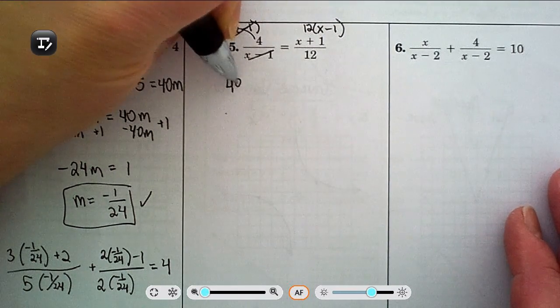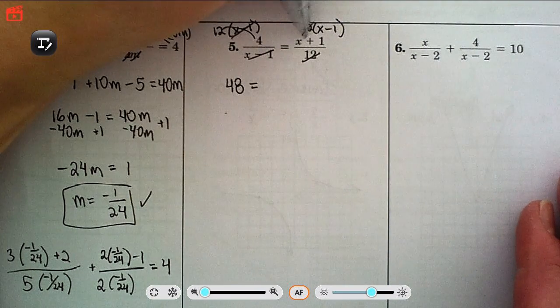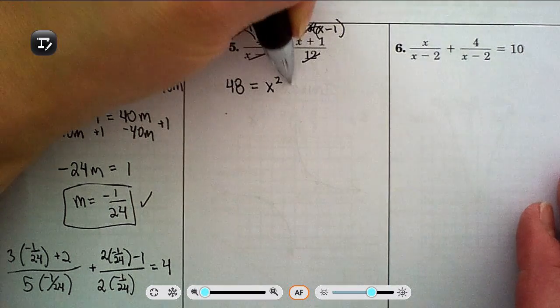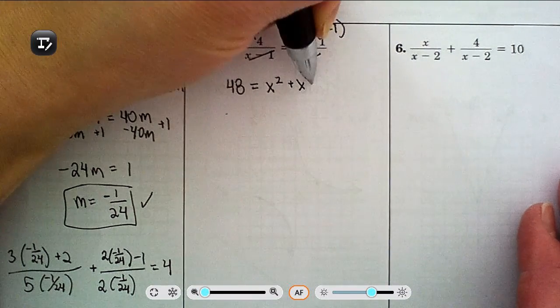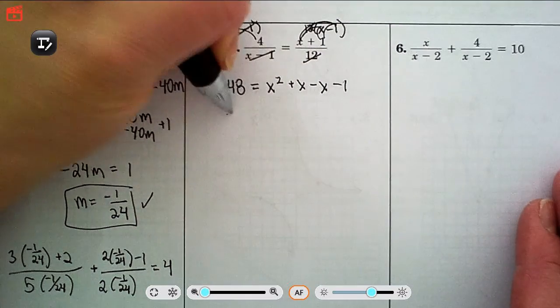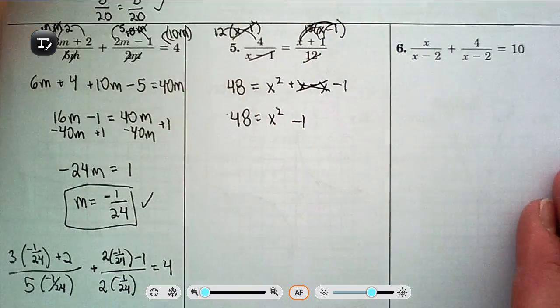This is 48. And then let's cancel first and distribute. This gets me x squared plus x. Now distribute the negative 1. Minus x minus 1. So I get 48 equals x squared minus 1.